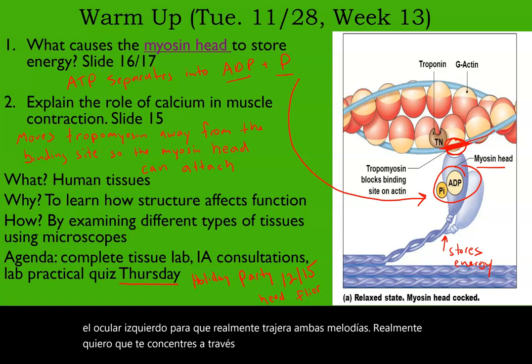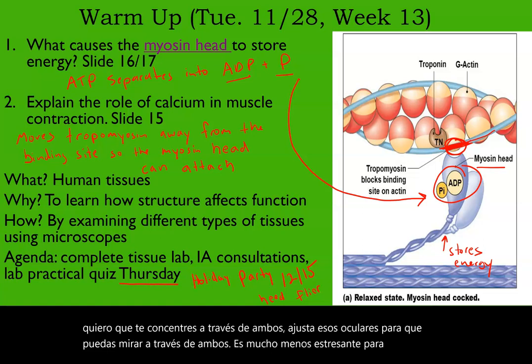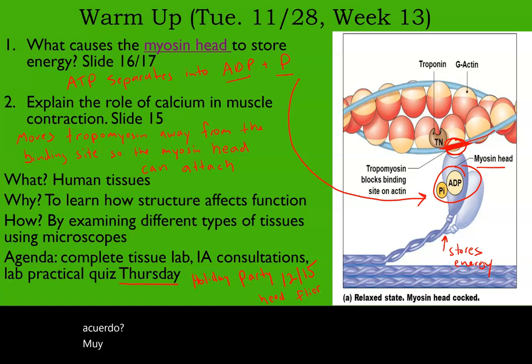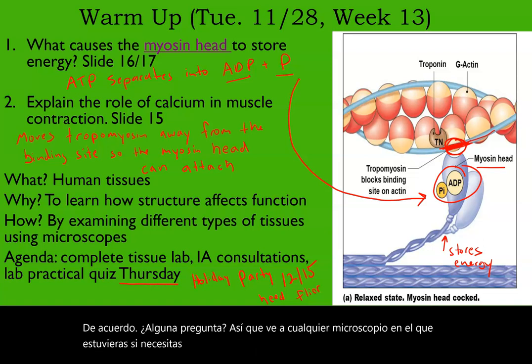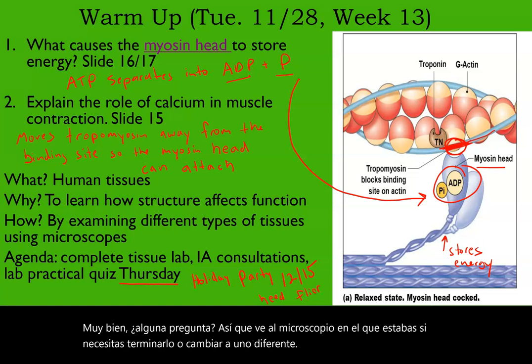Get those eyepieces adjusted so you can look through both of them. It's a lot less strain on your eyes. Okay? All right, any questions? So go to whatever microscope you were at if you need to finish it, or shift to a different one. Then you can move to a different one.